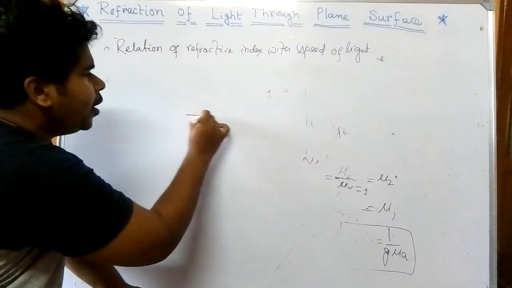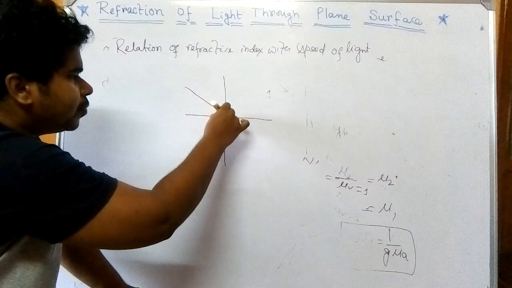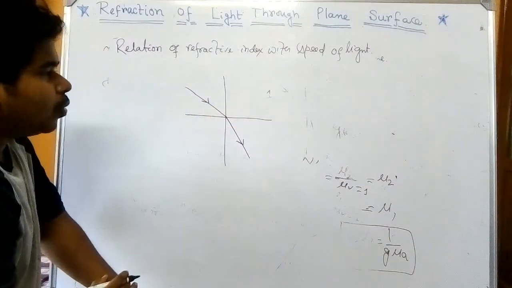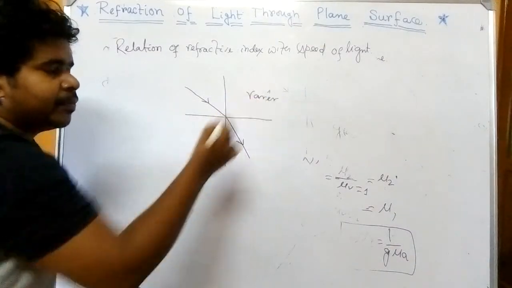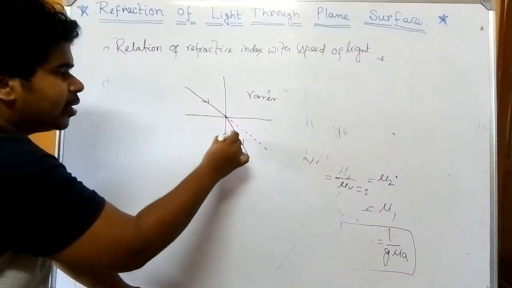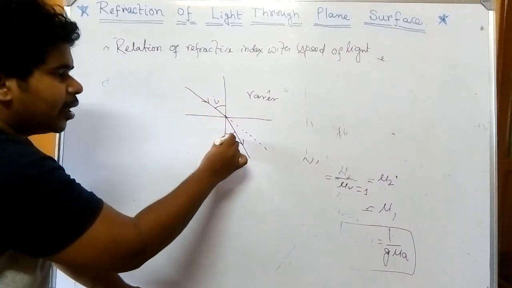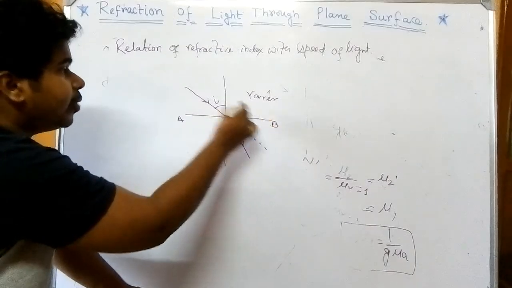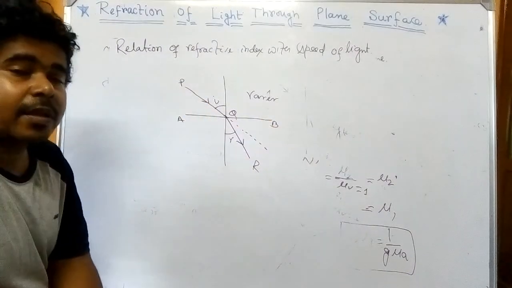Assume a light ray comes from vacuum and enters a medium. We know vacuum is always the rarer medium, and when it enters another medium, that is the denser medium. So there is an angle of incidence i and an angle of refraction r, with the separation AB and the light ray PQR.